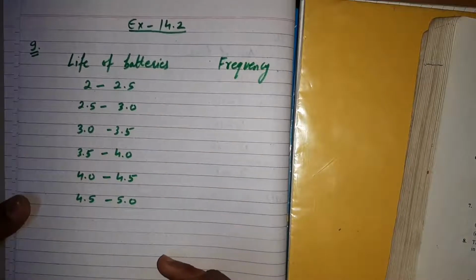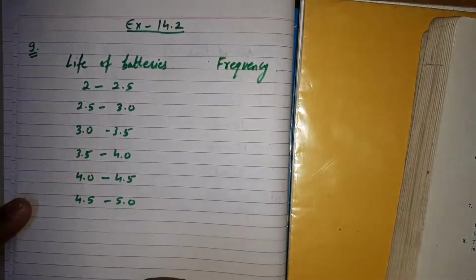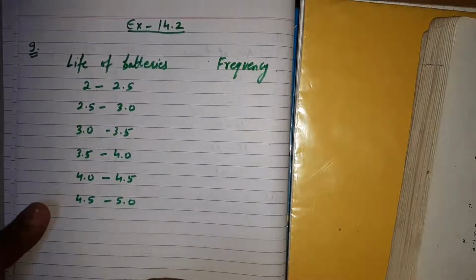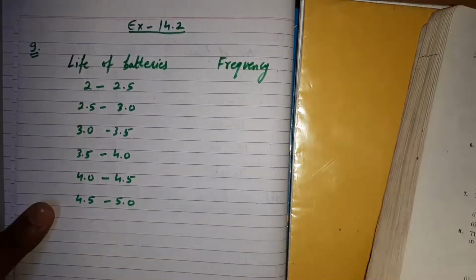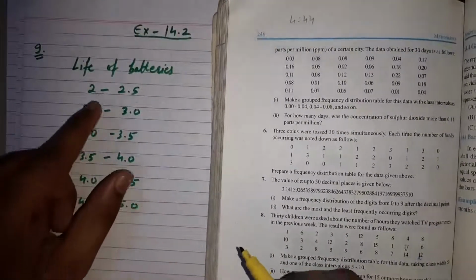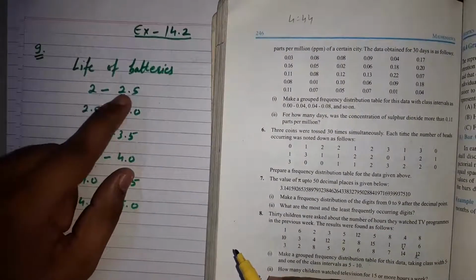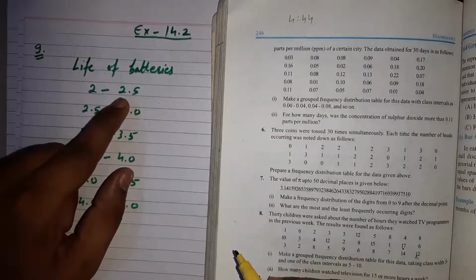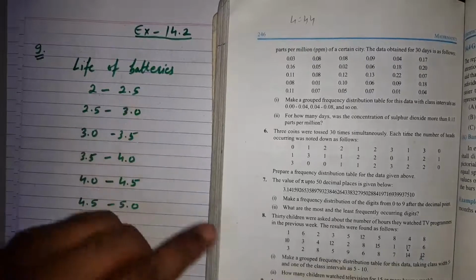Now we will find the frequency of these class intervals. The first class interval is 2 to 2.5. We have to find the numbers between 2 and 2.5, but 2.5 will not be included.